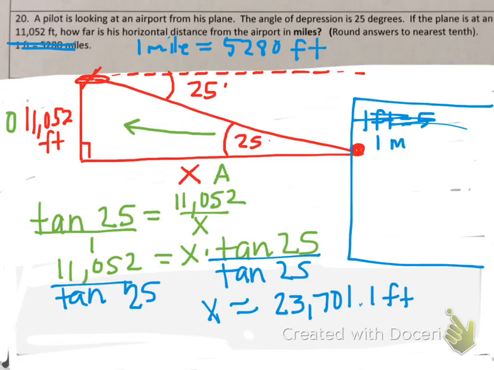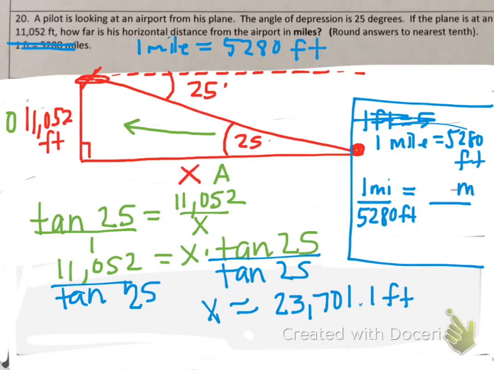So 1 mile is 5,280 feet. So if you want to figure out how many miles you have, you could just divide the number that you got by 5,280. Or it's the same thing as setting up two equal ratios, one using the conversion factor, 1 mile, 5,280 feet, and then make sure you put miles up top and feet below in your next ratio. And I need to figure out how many miles for 23,701 feet.